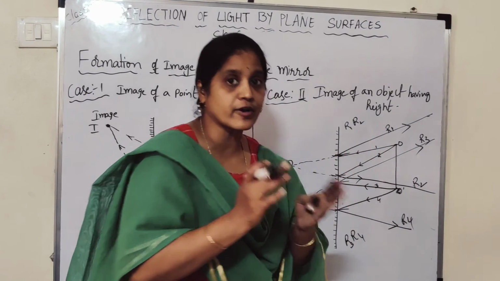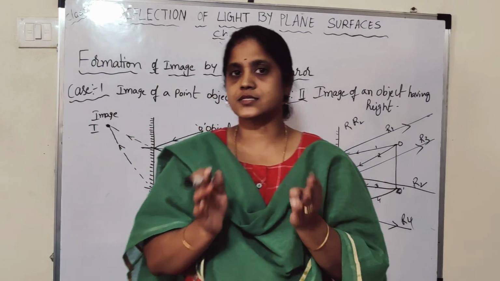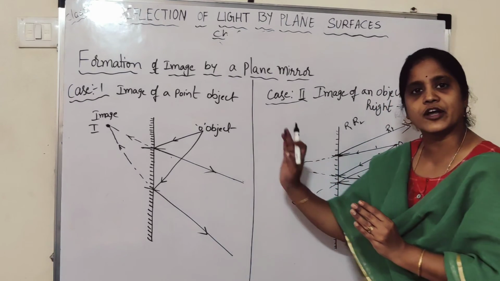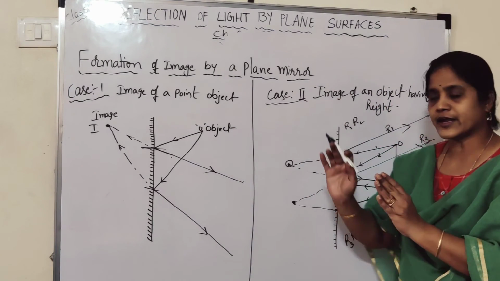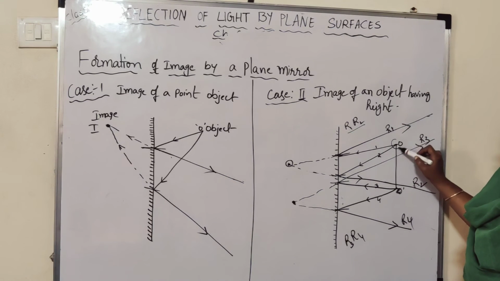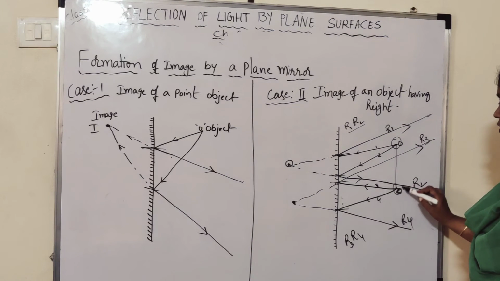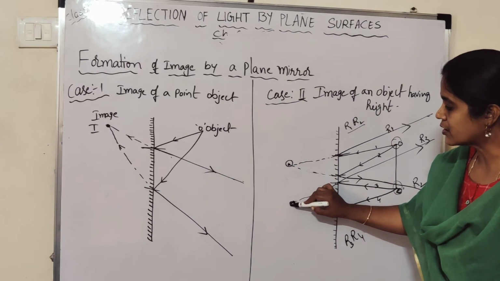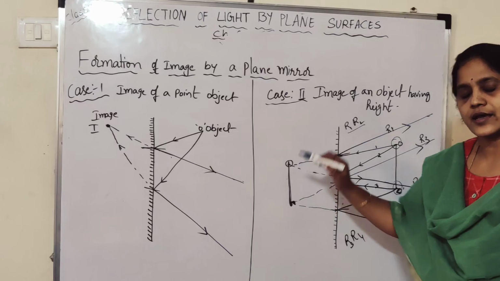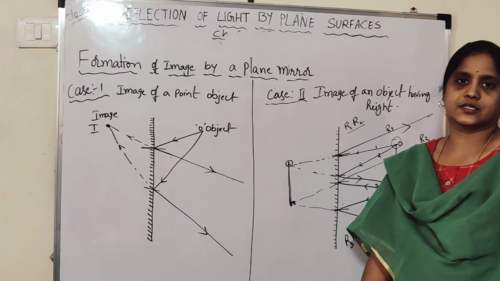But if you find the origin of these reflected rays, they seem to be coming from one point. So if you find the origin of reflected rays 1 and 2 from the top, and from the bottom, you get the points, and if you join these two, you will get the image of the object.